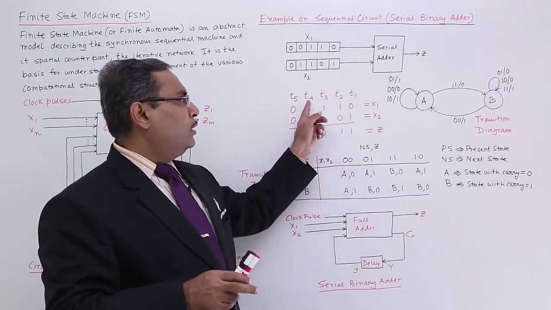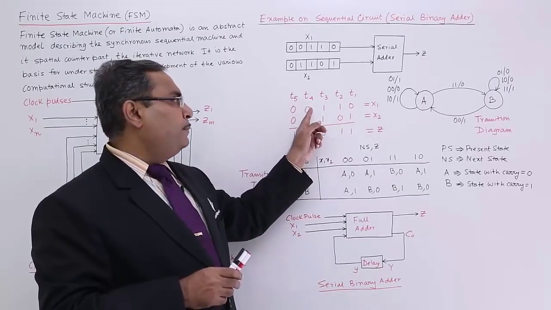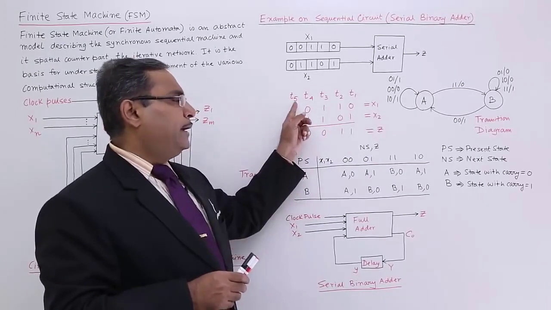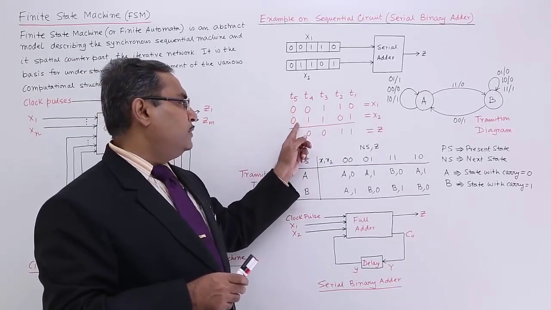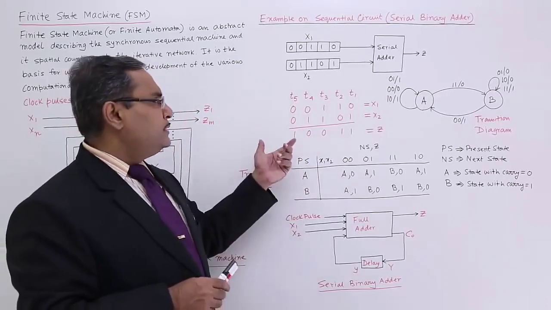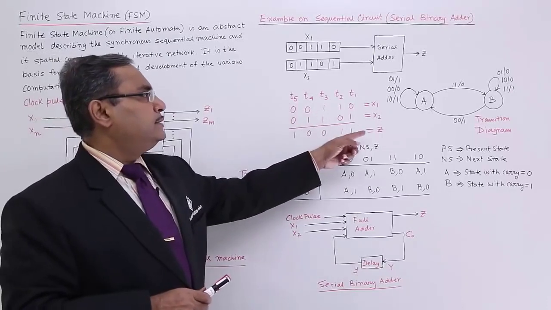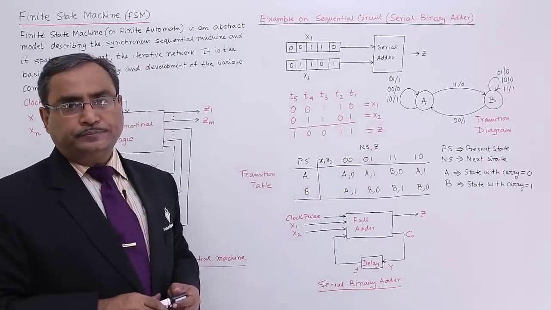So 0 will be the sum and 1 will be the carry, and then 1 plus 1 is 2, which is 1 0, so 0 will be there, 1 will be the carry, and 1 plus 0 gives 1. So it is a mere binary addition, nothing difficult here. In this way the Z will be obtained, and that is my Z.